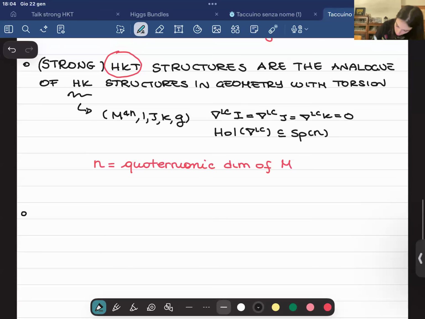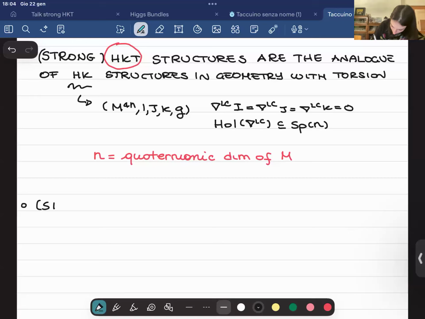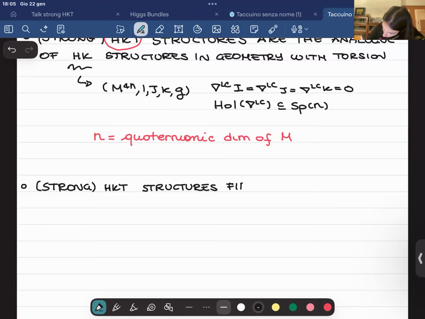But we have to mention also the physics background, and in particular, strong HKT structures first emerged in string theory.